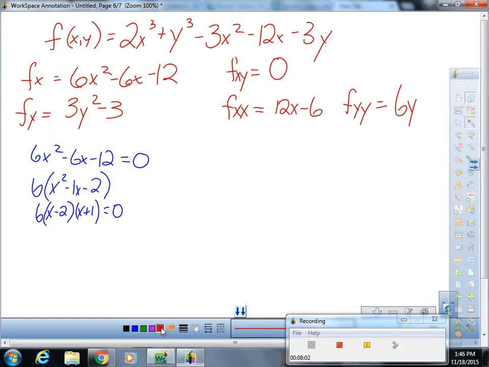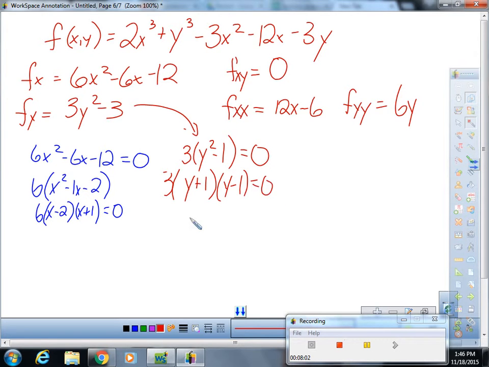When does 3 times y squared minus 1 equal 0? That's 3 times y plus 1 times y minus 1. So y equals 1 or negative 1. Here, x equals 2 or negative 1.